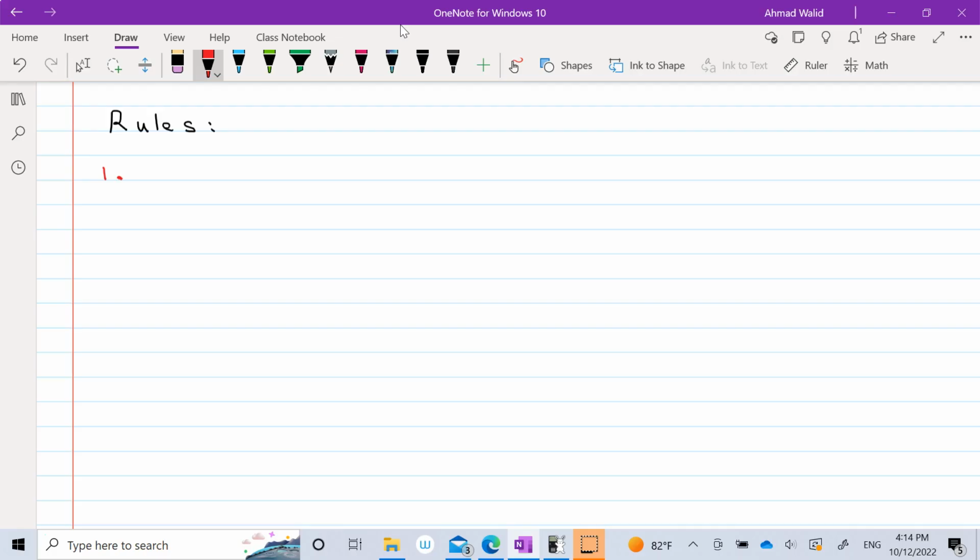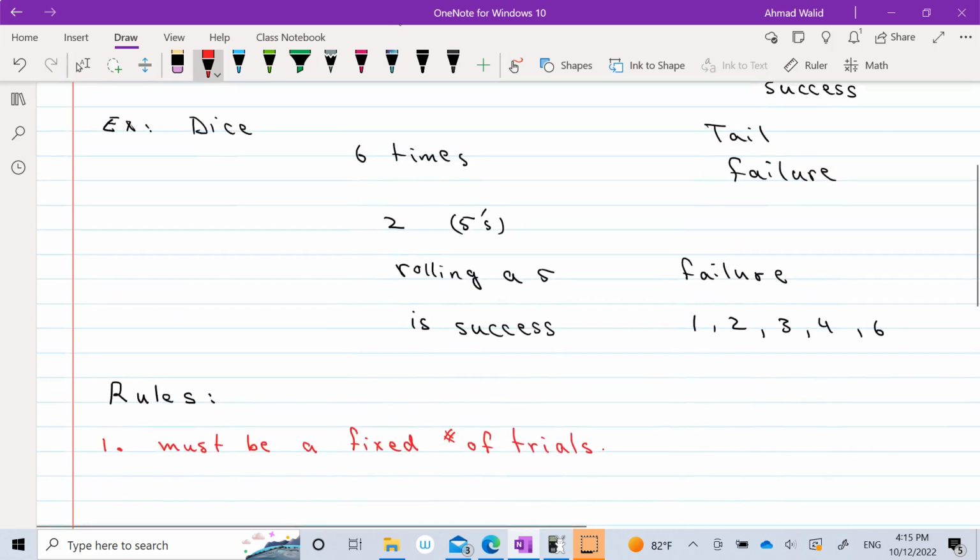Must be a fixed number of trials. For example, in the example of dice, I told you that you are rolling a dice 6 times.